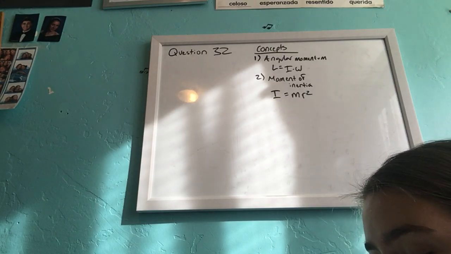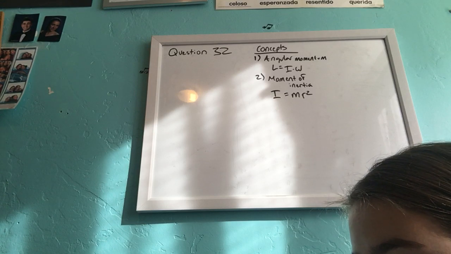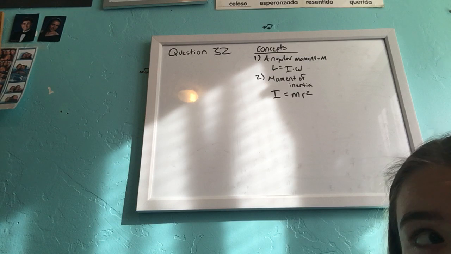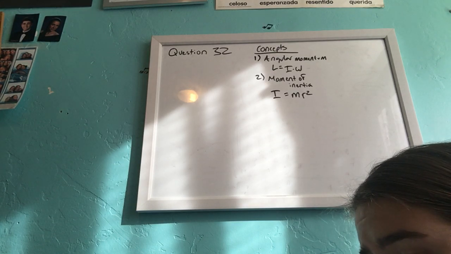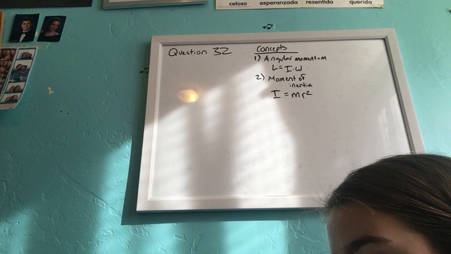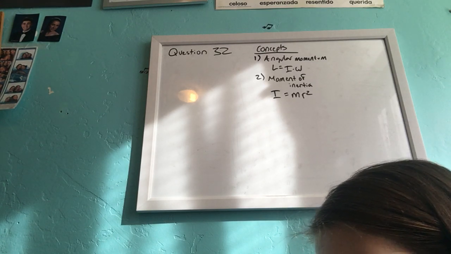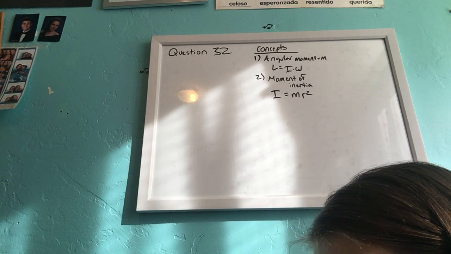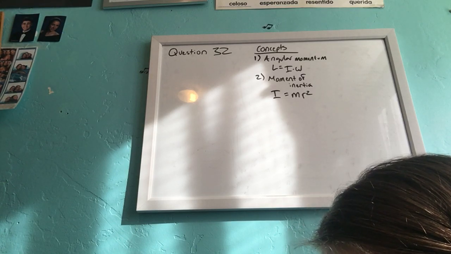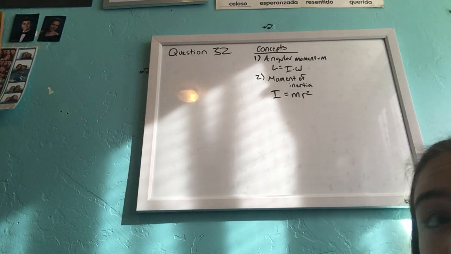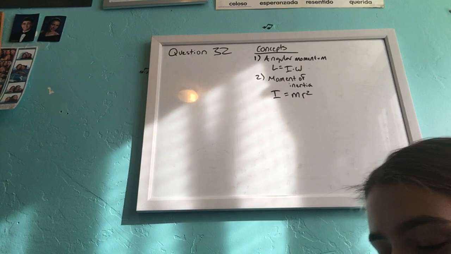The angular speed of the particle is given as a function of time, t, by angular velocity is equal to b times t, where b is a positive constant and t is greater than 0. What is the magnitude of the angular momentum of the particle about the center of the circle as a function of time?